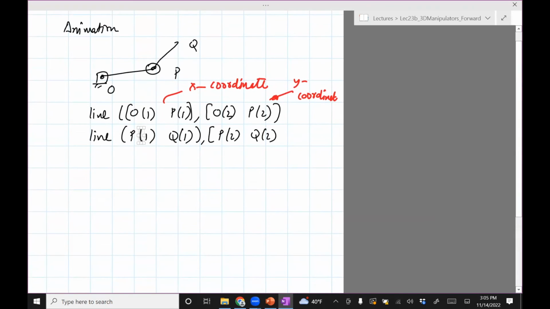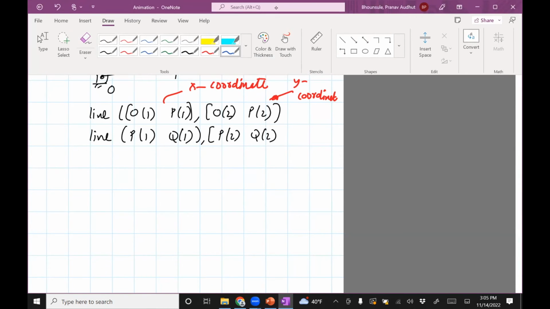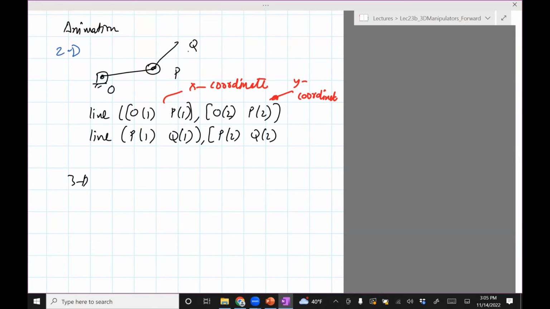Okay, so once you have this, you can just use line to draw a line between them. This is all in 2D. In 3 dimensions, this is just extending it in the following way. You use a line, but then you give it 3 coordinates, P1, O2, P2, O3, P3, and so on.